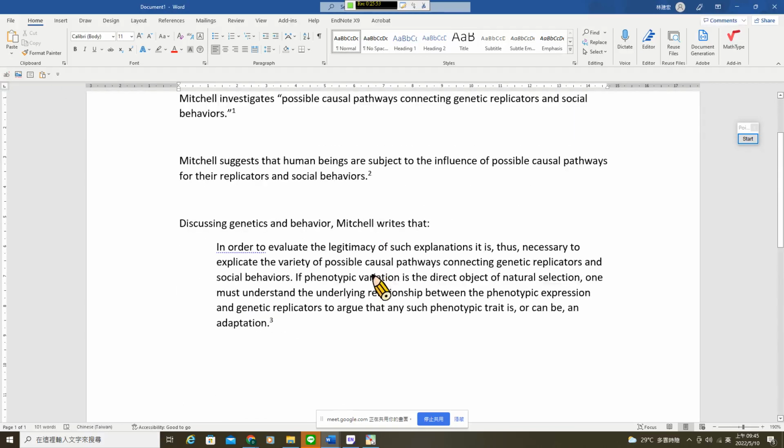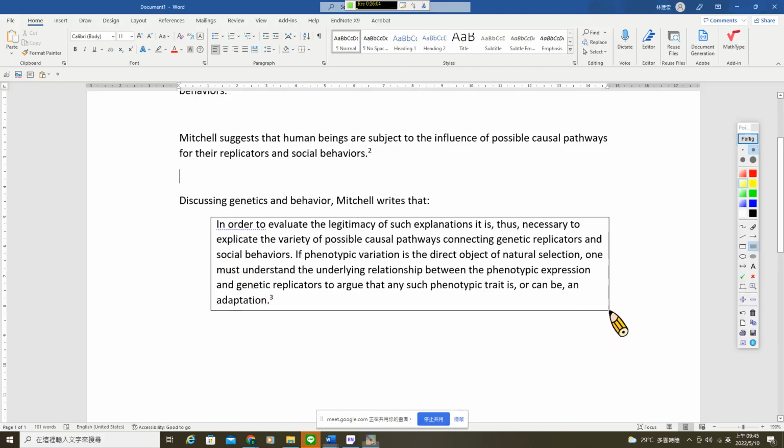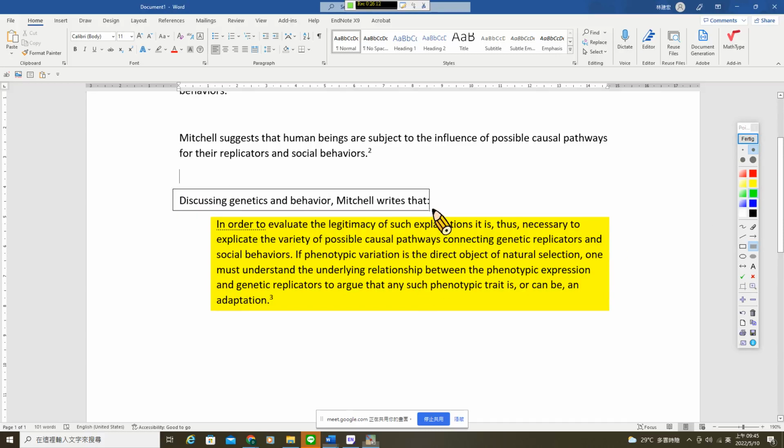Okay, so look here. Discussing genetics and behavior, Michelle writes that. So again, this is the beginning here. Everything here is the direct quotes, original words from the author. It starts from here and ends here.